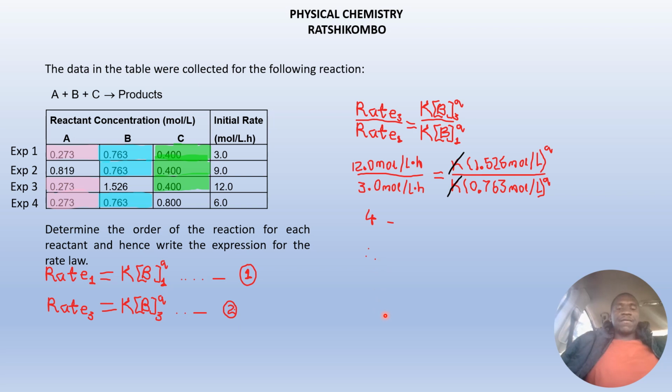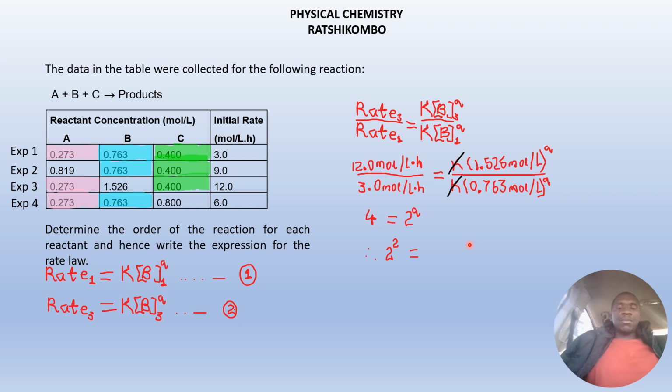But if you recall, mathematics does allow us to say this 4 is more like 2 to the power 2, isn't it? So I will write 2 to the power 2 instead of this 4 here. And the same 2 to the power 2, which is the same as this 4, equals 2 to the power Q here. And now it's obvious that our Q should be equal to 2.